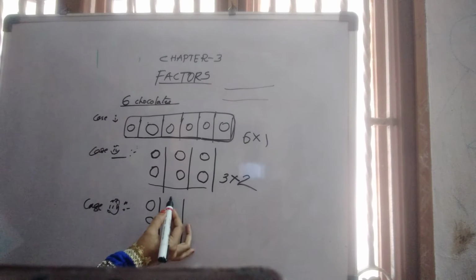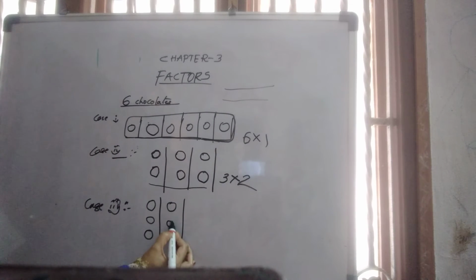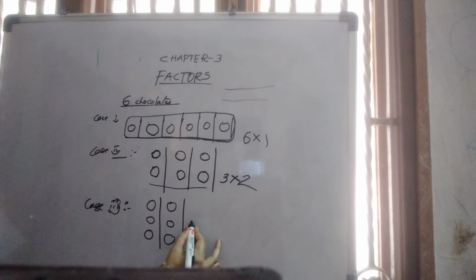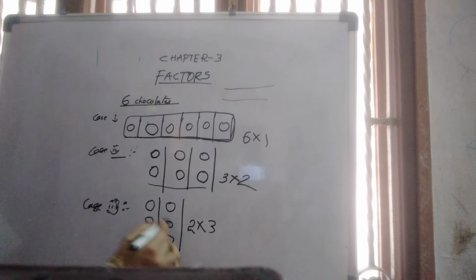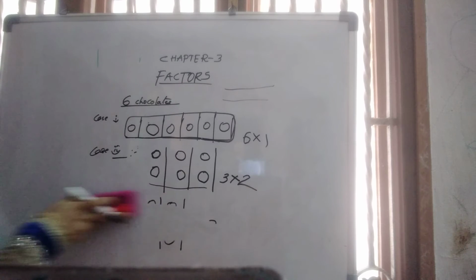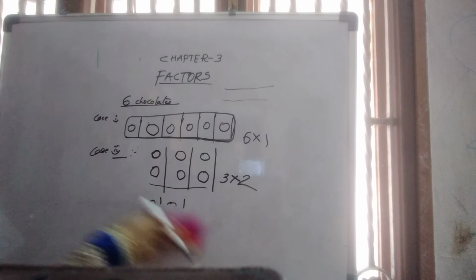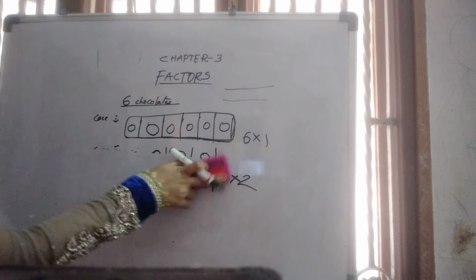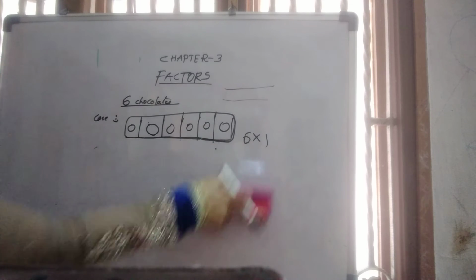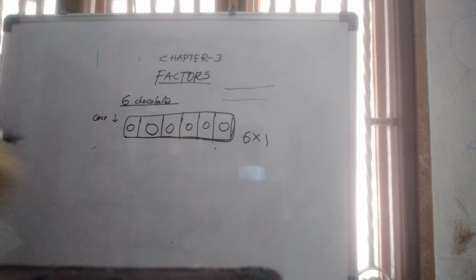And here 1, 2, 3, 3 chocolates. That means 2 columns, 3 chocolates. 1, 2, 3, 4, 5, 6, 6 chocolates. Is there any other possible case? Think. We have 6 chocolates, and each column has the same number of chocolates.